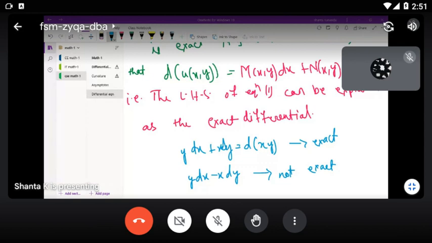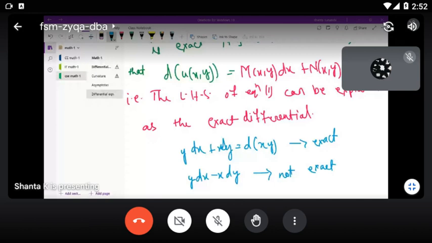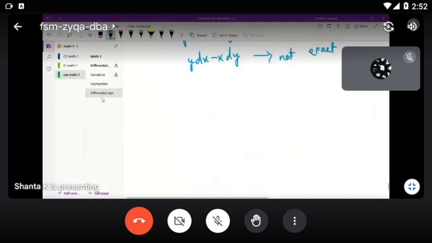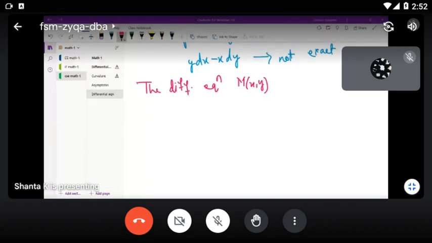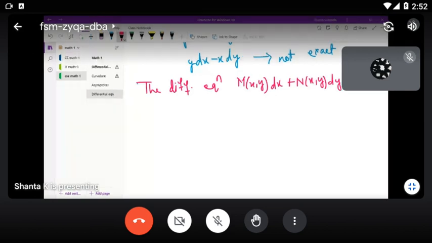So the differential equation is exact if and only if... Ma'am, this means M(x,y) partial differentiation with respect to y, and N(x,y) is equal to partial differentiation with respect to x.